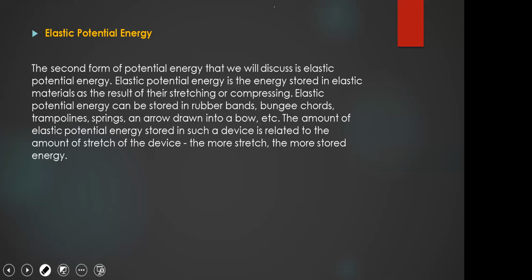Now let's talk about the second type of potential energy, which is the elastic potential energy. It has a formula, which is 0.5 times k, the spring constant, times x squared. But it's not written in your book, so we don't care about it.